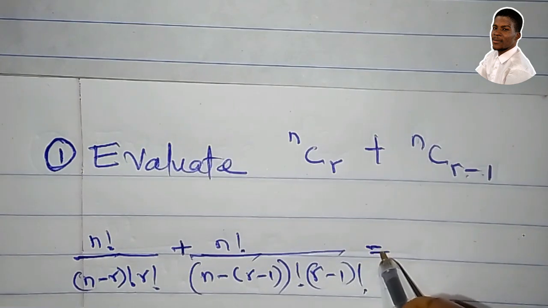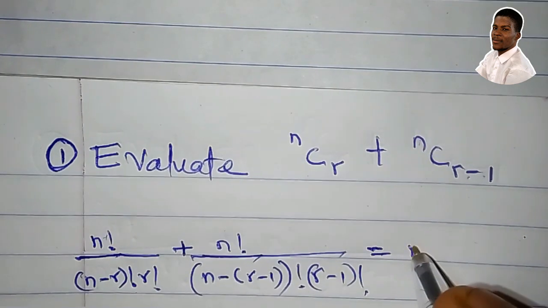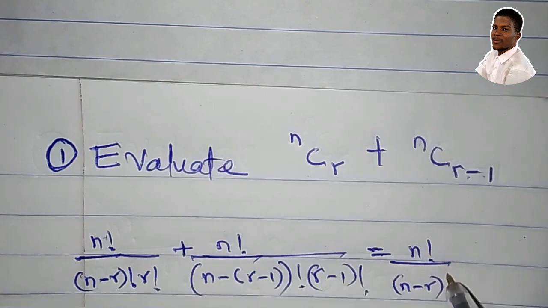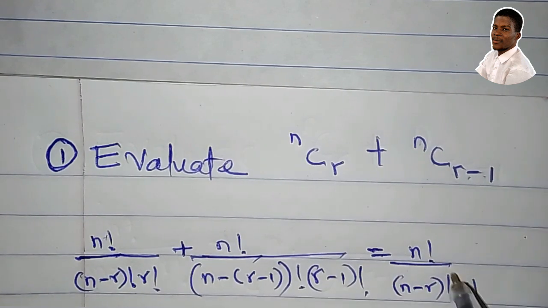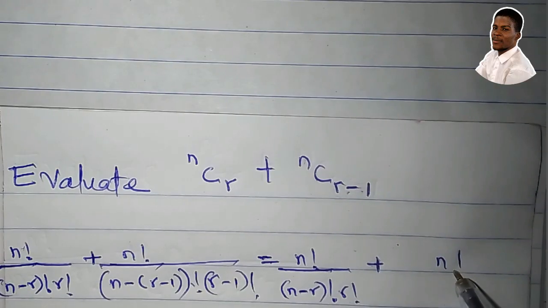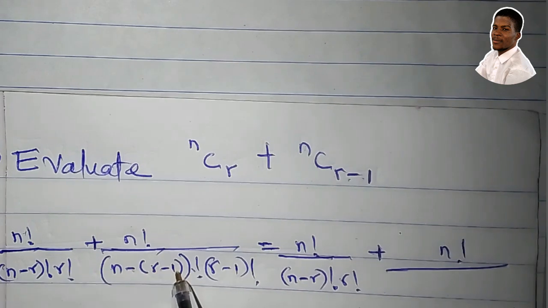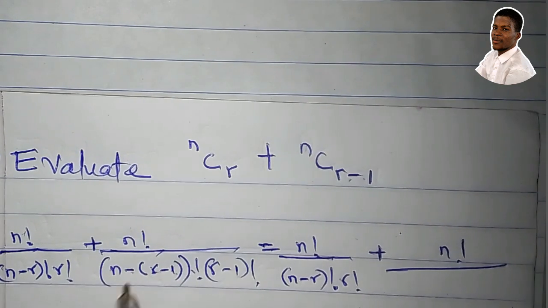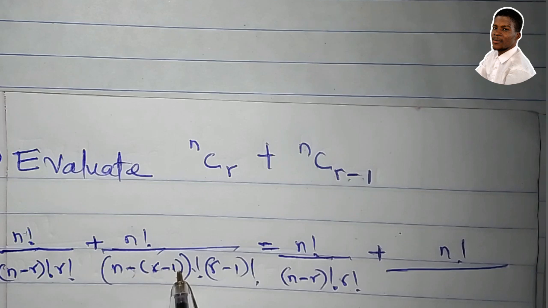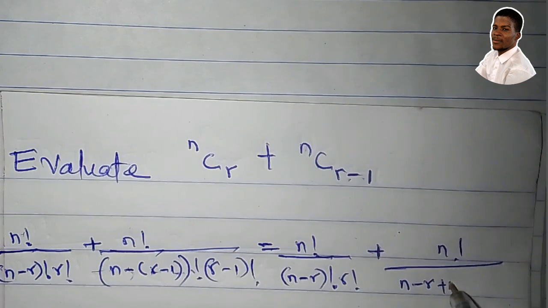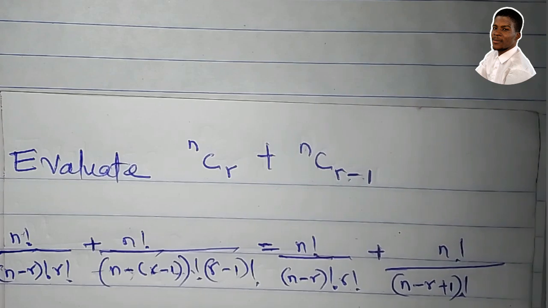So we'll be having n factorial divided by (n minus r) factorial times r factorial, plus this n factorial all over... The minus will enter this bracket and we'll have n minus r plus 1. So this will now be (n minus r plus 1) factorial times (r minus 1) factorial.